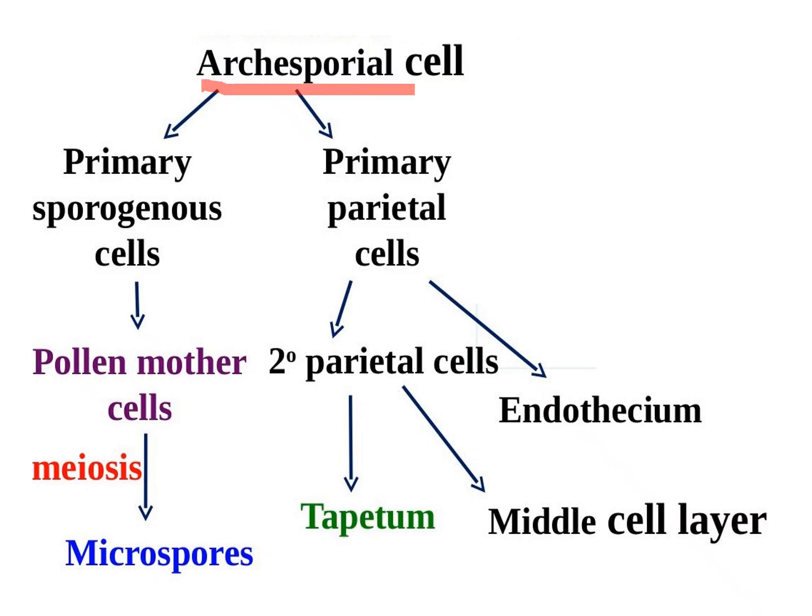First, the archesporial cell divides to form primary parietal cells and primary sporogenous cells. Again, the primary parietal cells divide to form secondary parietal cells and endothecium.